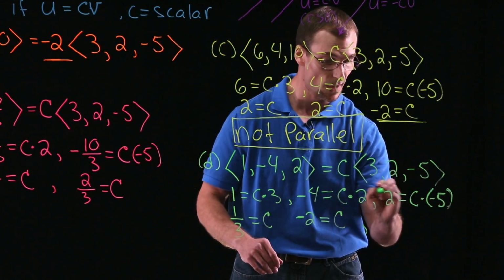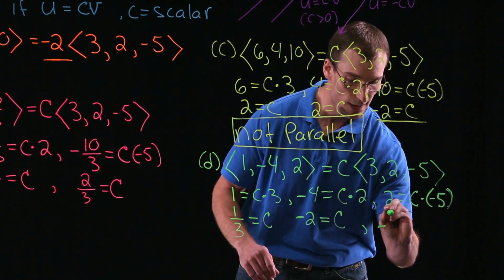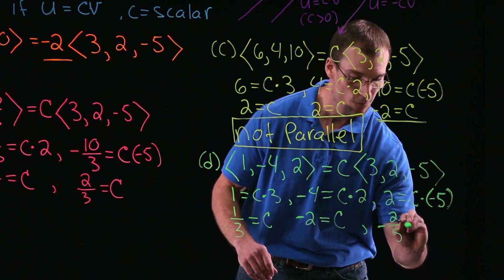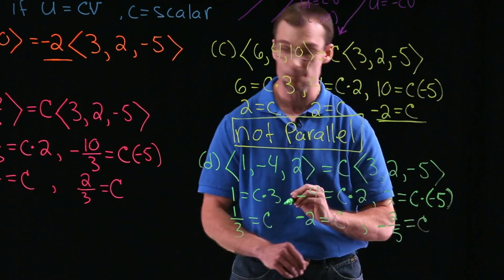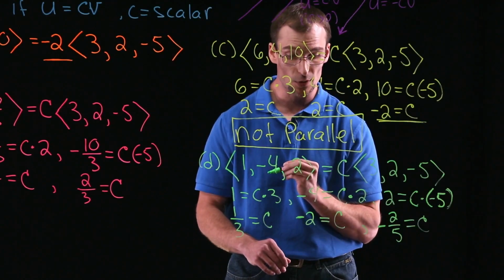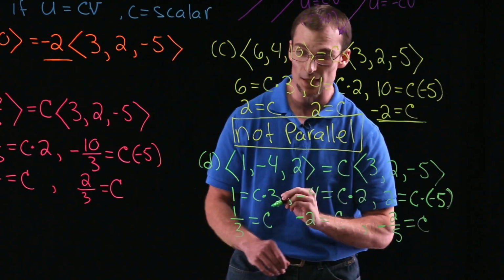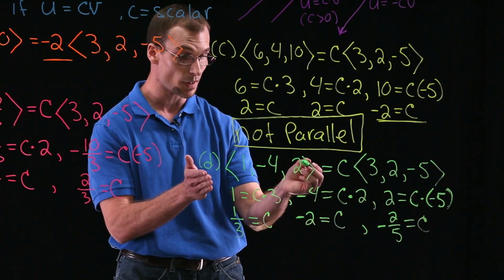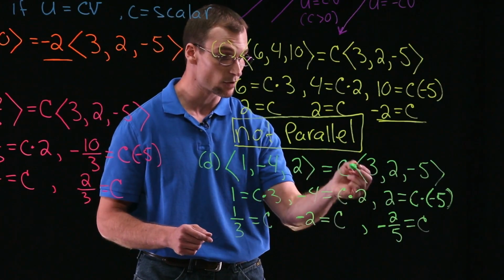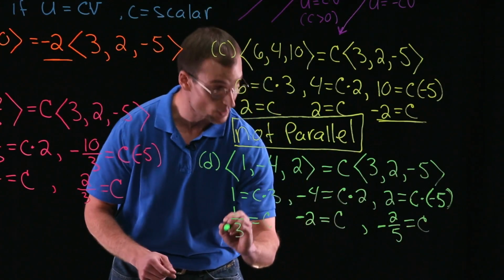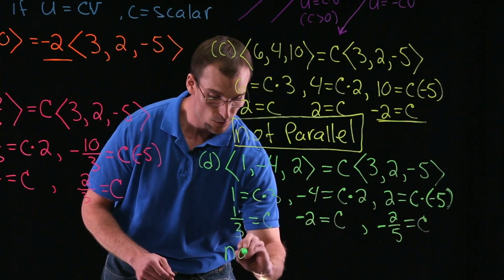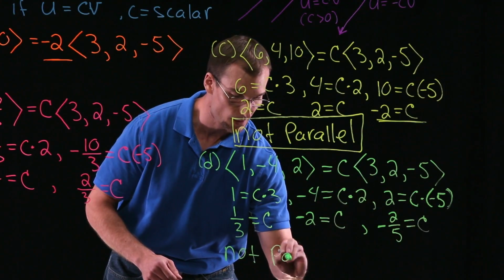If we divide both sides by negative 5, we get negative 2/5 is equal to c. So like in our problem part C, we don't get the same value of c, so we can't say that the vector d is a scalar multiple of the vector z. So these are also not parallel.